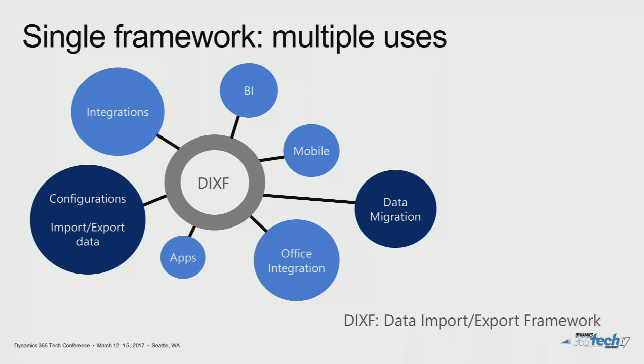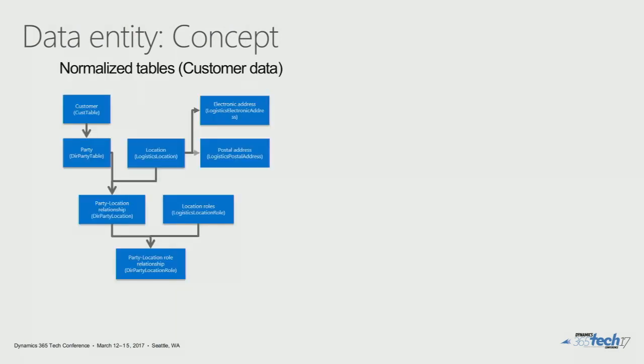For the ones who are new to this concept of data entities, I'm going to explain a little bit of the basics quickly, just to get up to speed. Let's take a look at this example of customer data.